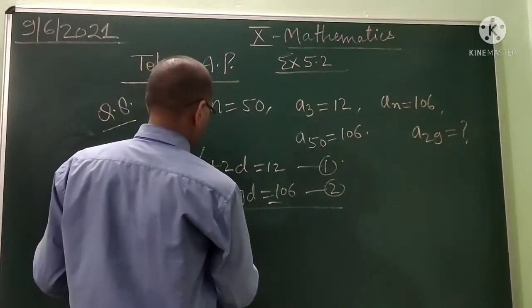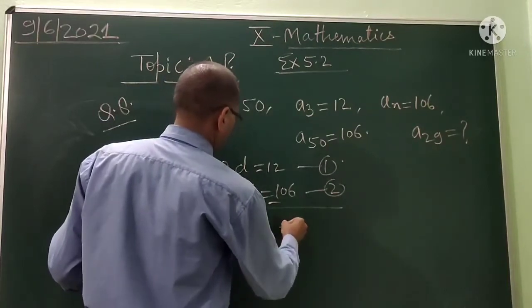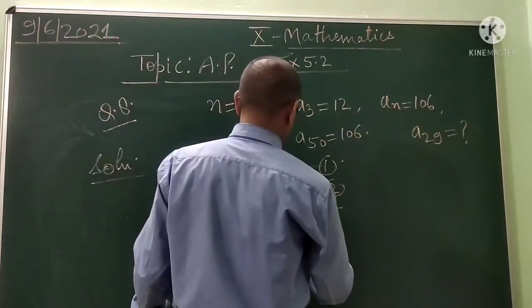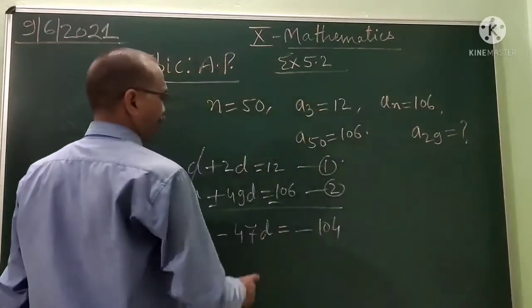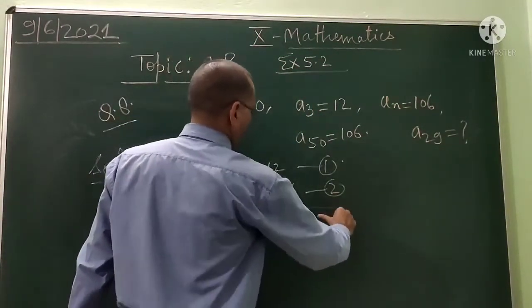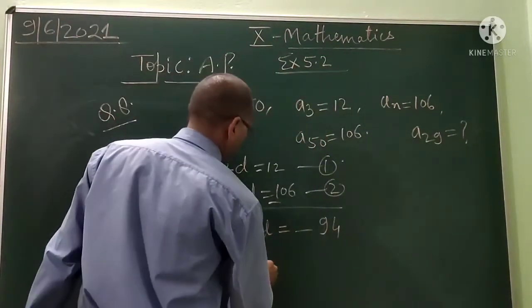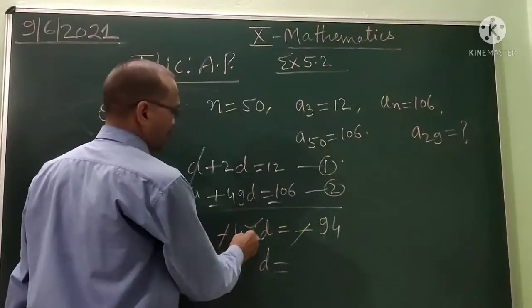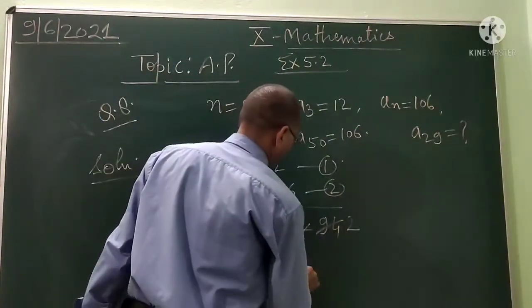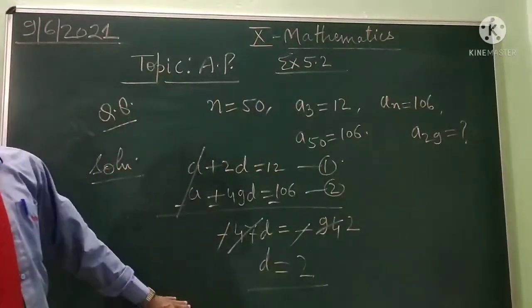It is minus 47d equals minus 94. Then d equals, minus minus cancel, 47 times 2 is 94. So d equals 2. The common difference of the AP is 2.